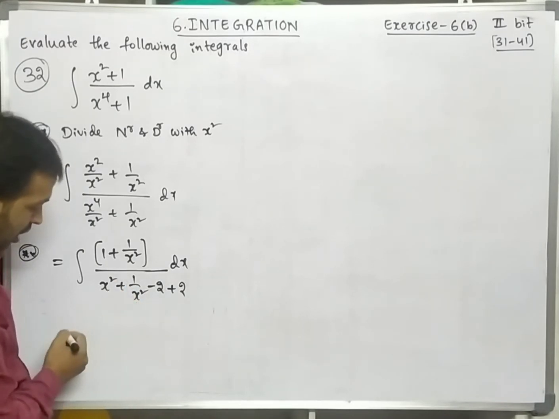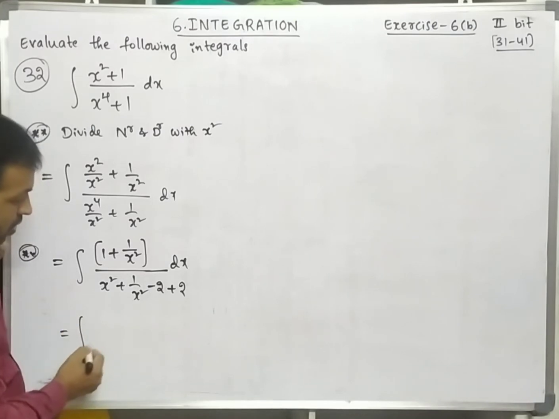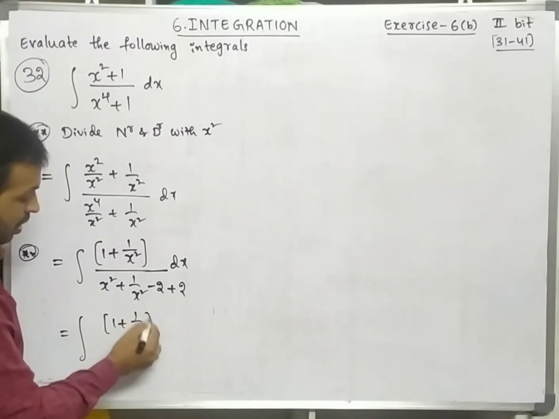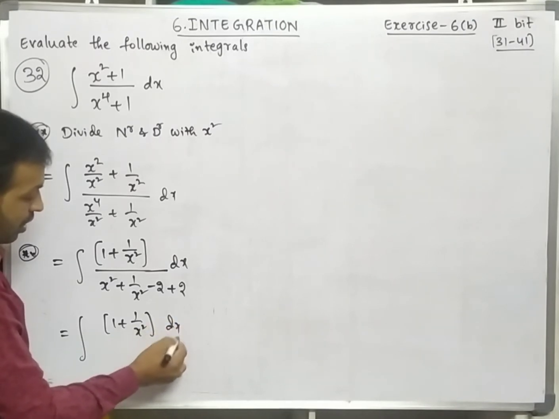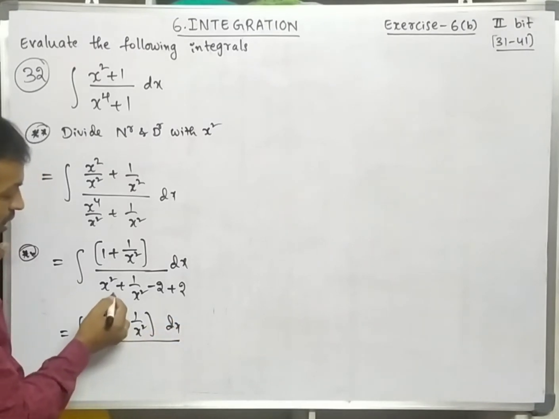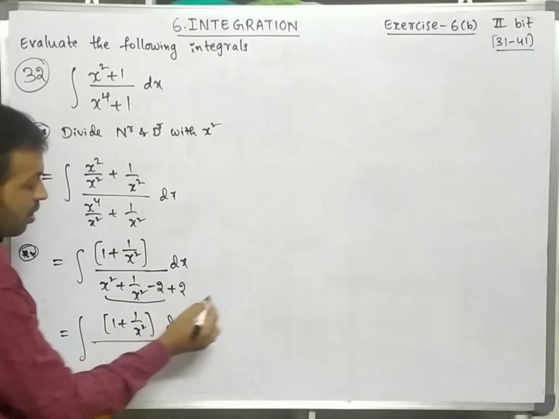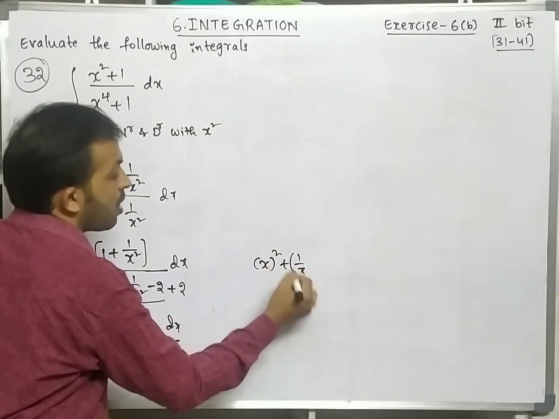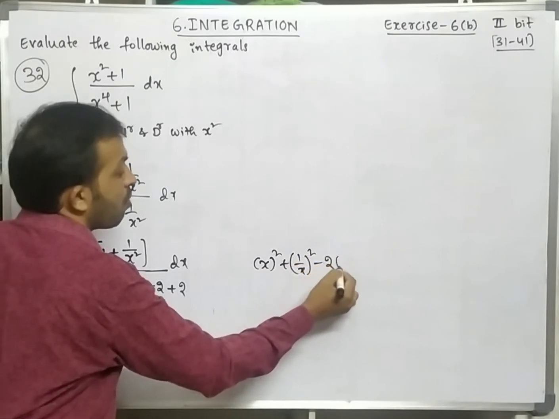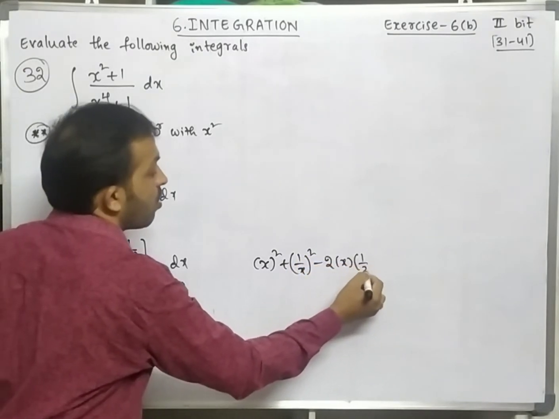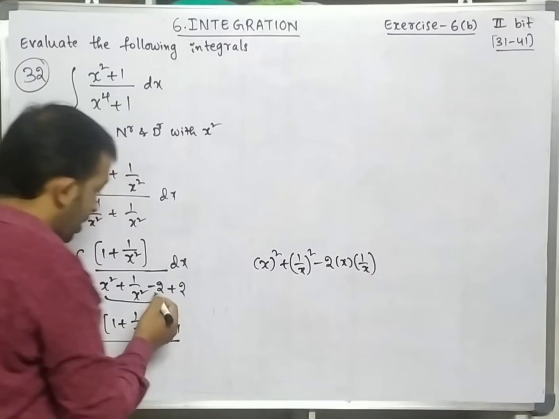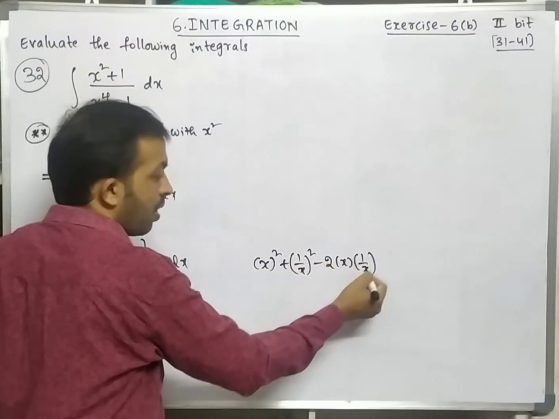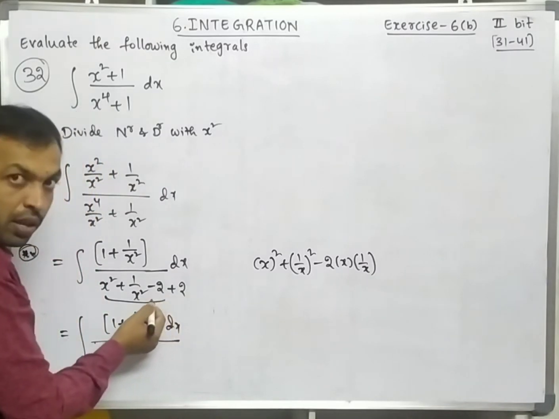The integration numerator is 1 plus 1 by x square dx, and in the denominator, the terms can be written as (x plus 1 by x) whole square minus 2 into x into 1 by x. 2 can be written as 2 into x into 1 by x. These two terms get cancelled, and again we will get 2 only.